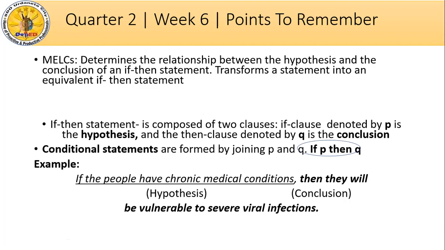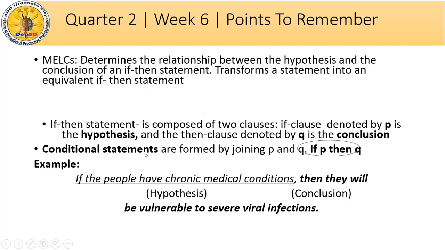If-then statement. An if-then statement is composed of two clauses. The if clause, denoted by P, is called the hypothesis, and the then clause, denoted by Q, is the conclusion.